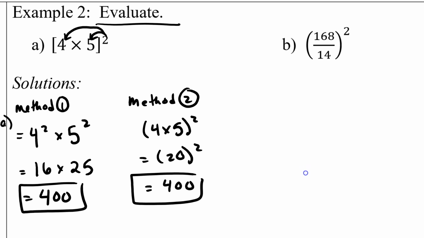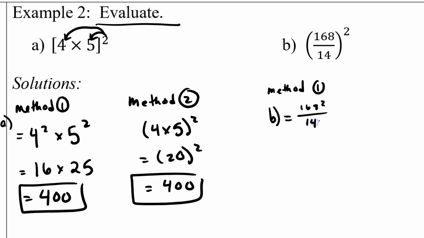So when you just get a number like this, you can solve it either using method 1 or method 2. In this case, method 1 for B would be 168 squared over 14 squared.